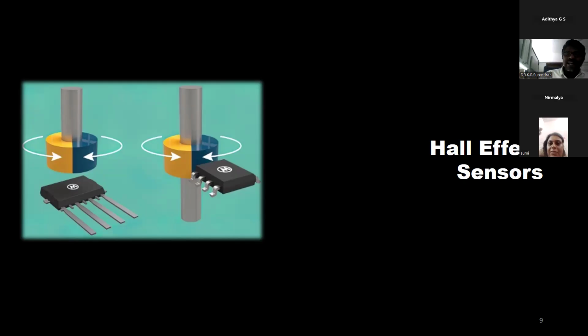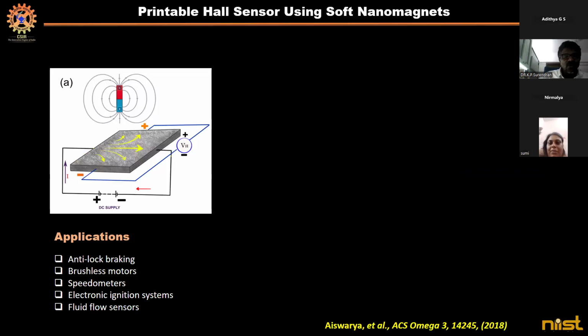We have made a Hall effect sensor, and it is useful for many applications. One of them is in automotive, where you have ABS, the anti-lock braking system.